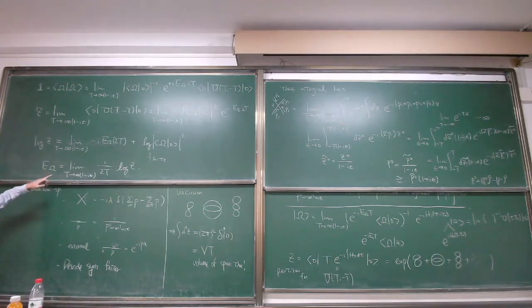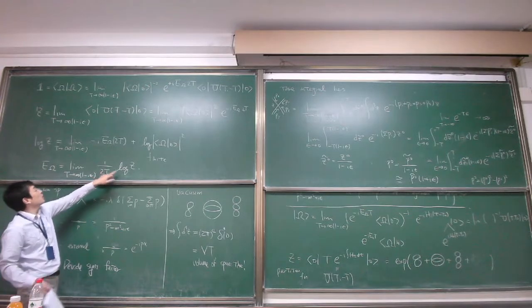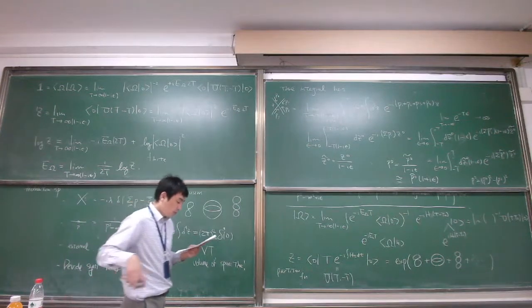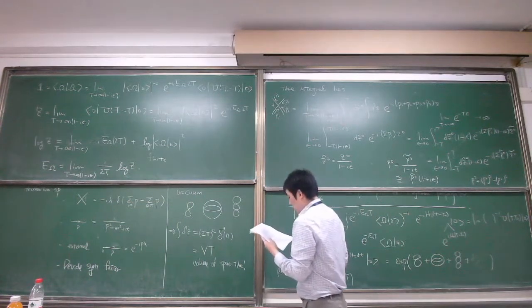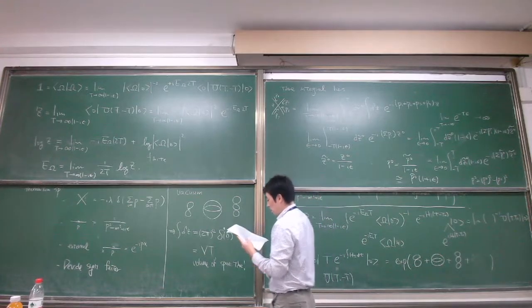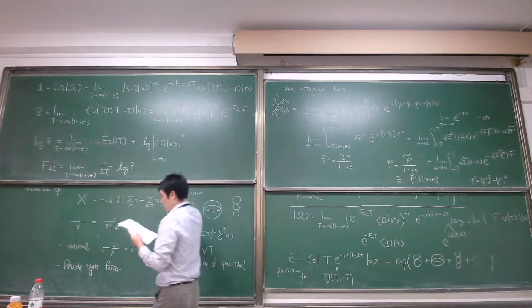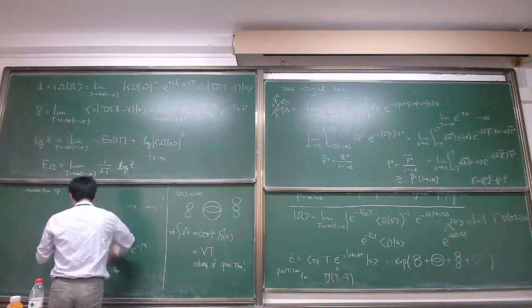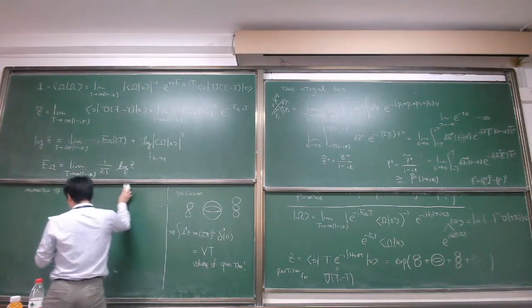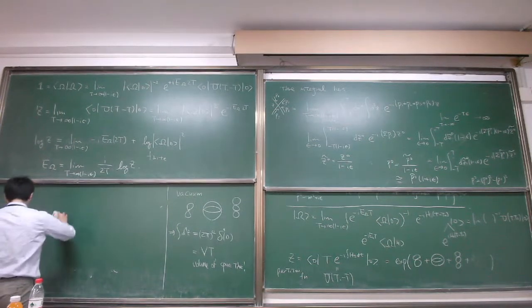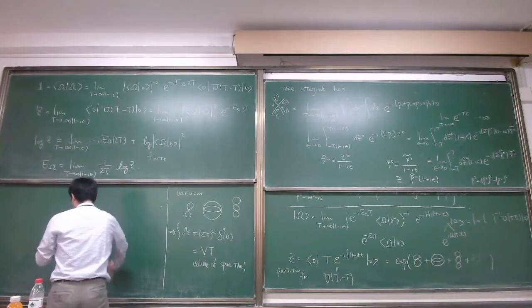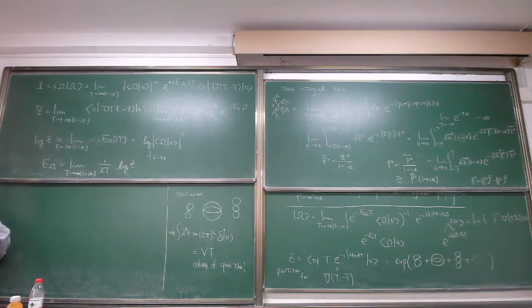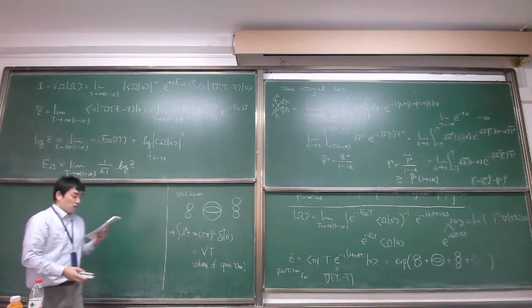And if you take the ratio between 2T and log Z, what you get is the energy of the true vacuum.